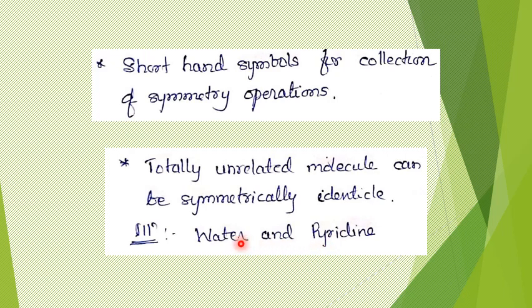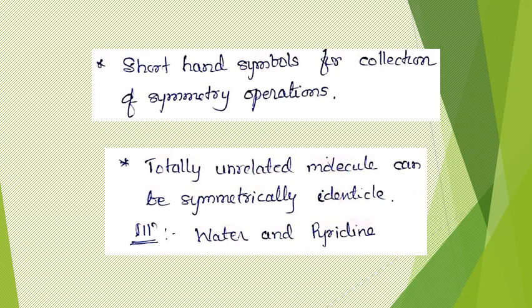But when it comes to symmetry, both water and pyridine have the same number of symmetry elements and the same number of symmetry operations that can be performed on them. So symmetrically they belong to the same group. If we want to study this kind of molecules together, we can easily study that particular point group itself. That's how totally unrelated molecules can be symmetrically identical.